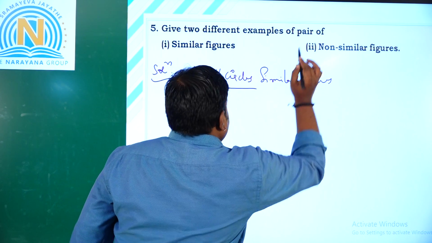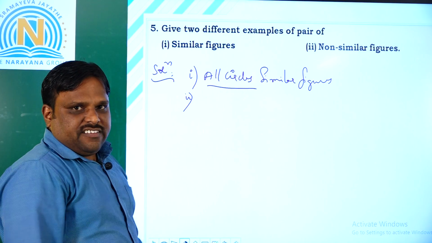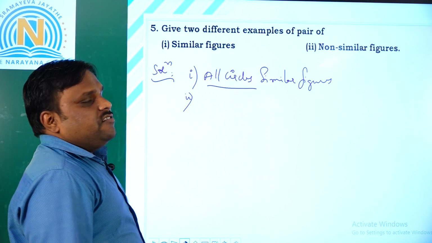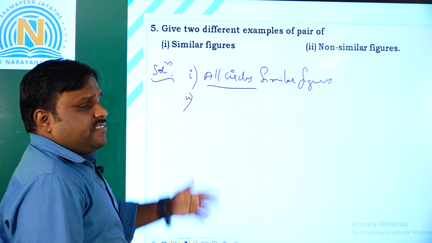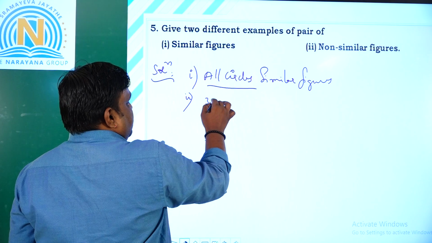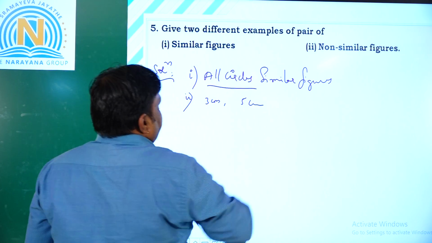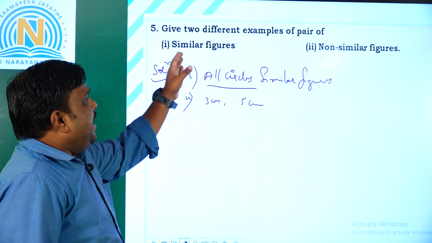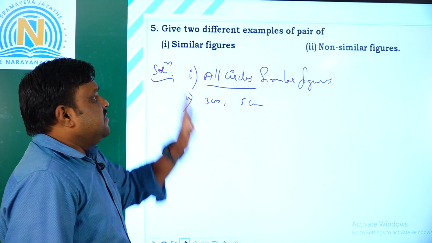In the same way, take all equilateral triangles. The measures of the sides may be different. Suppose I take one equilateral triangle of 3 centimeters and one of 5 centimeters. The angles and the ratios of the sides will be the same. That type of figures come under similar figures.